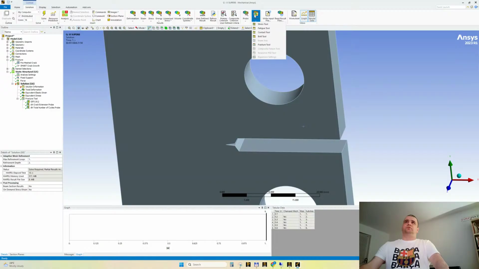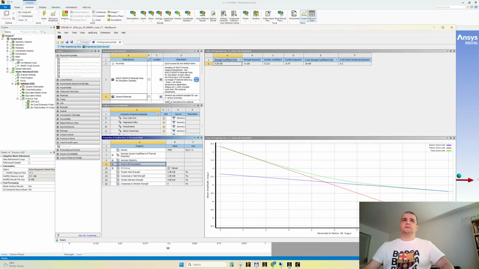in engineering data. But what is not given by default is the Paris law, which allows crack propagation. You cannot activate the fracture tool until you have defined Paris law in our material. The definition of Paris law is pretty straightforward.